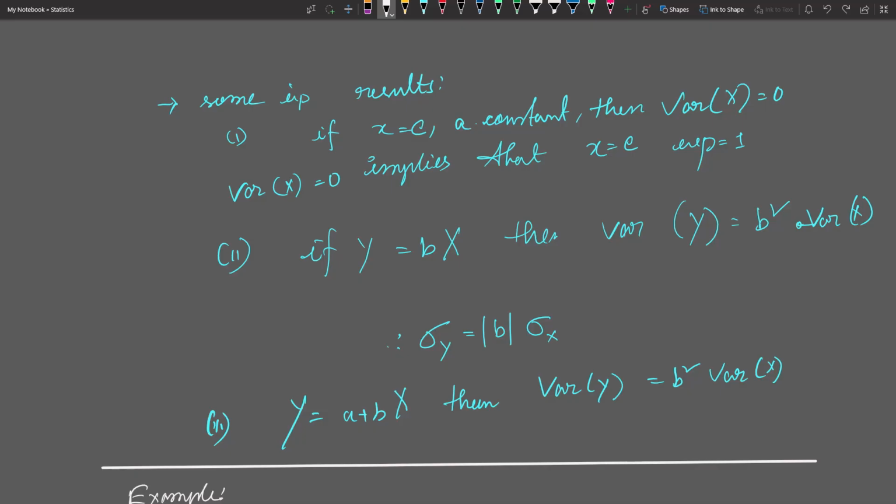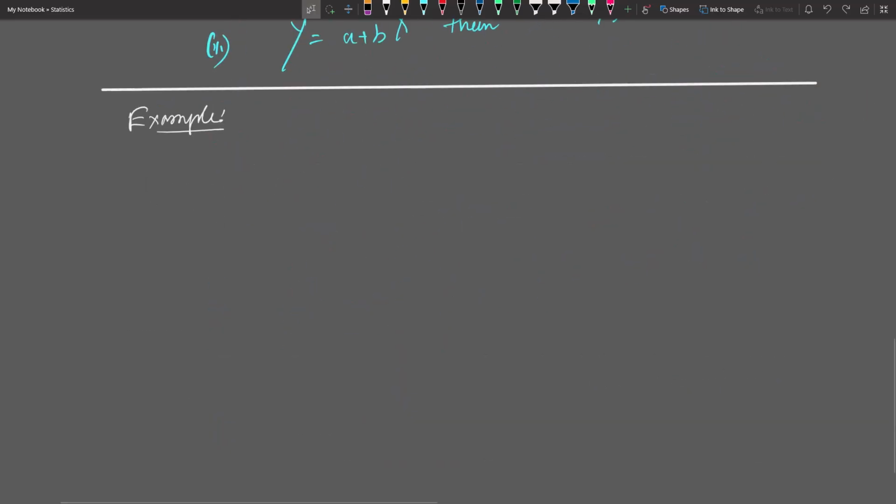So let's move forward with the examples.